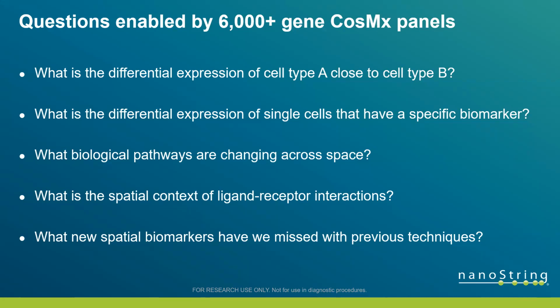And then getting into spatial context of ligand receptor pairings, because we're able to profile over 200 of these that are already preset and pre-built into the panels. And really, what are the exciting new spatial biomarkers that we could have missed using other techniques, because we're getting 100% cellularity with these types of assays.